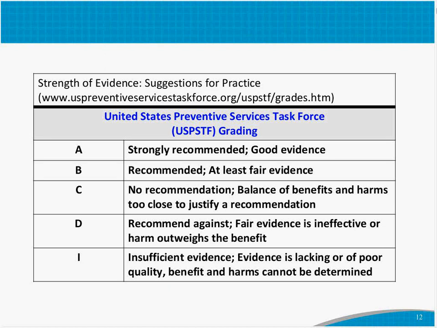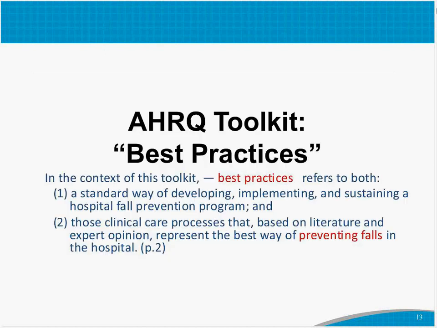So it's always important, colleagues, whenever you're looking at any intervention that you're implementing, that you make sure you understand the level of evidence in relationship to what it is that you're trying to implement. So in the AHRQ Toolkit, in terms of best practice, that best practice refers to, there are two definitions for it, a standard way of developing, implementing, and sustaining a hospital fall prevention program.